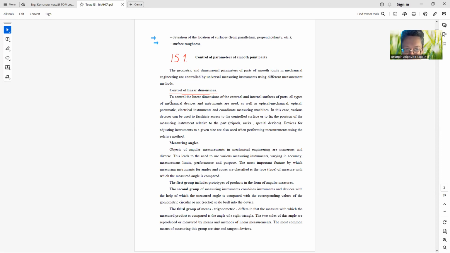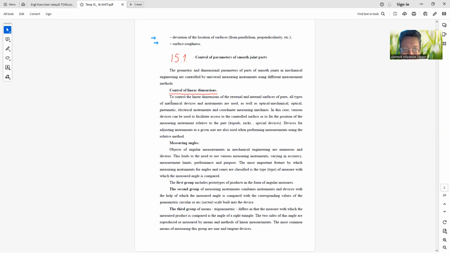So the geometric and dimensional parameters of parts of smooth joints in mechanical engineering are controlled by universal measuring instruments using different measurement methods.